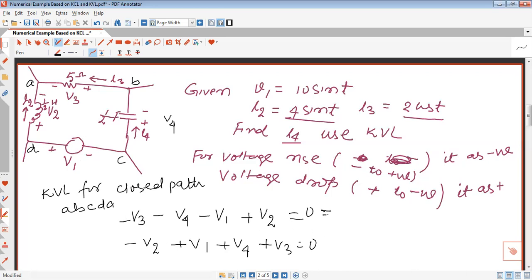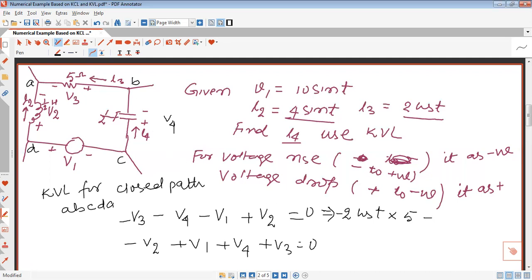So now I am going to solve this relation. How can we solve? We need to put the value of V3. What is V3? By Ohm's law, current multiplied by resistance. Here I3 is given as 2 cos t, so we write minus 2 cos t multiplied by resistance, which is 5. The voltage is written.